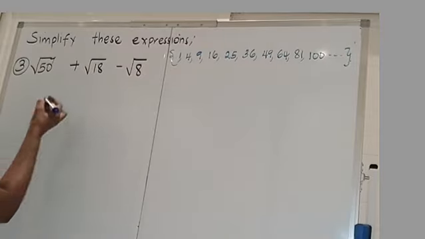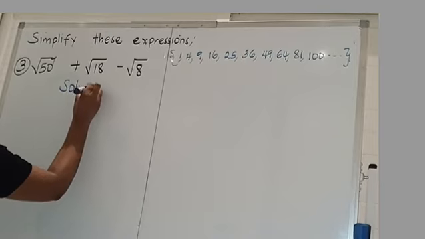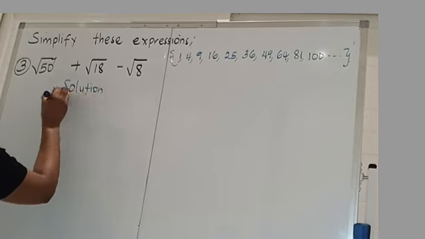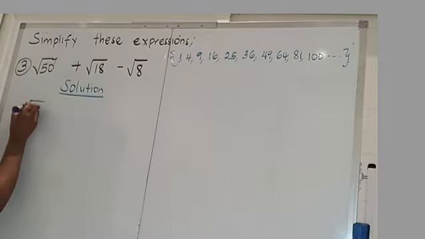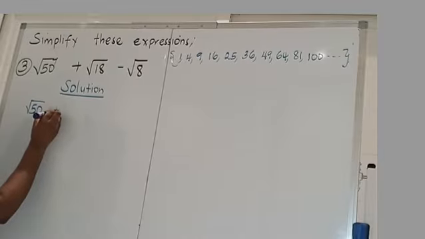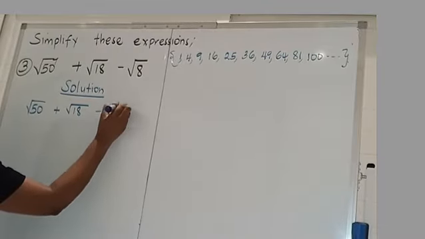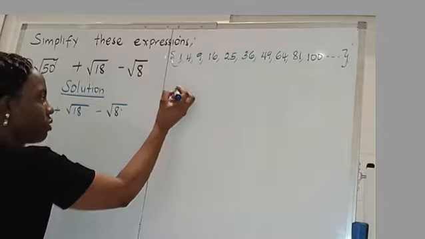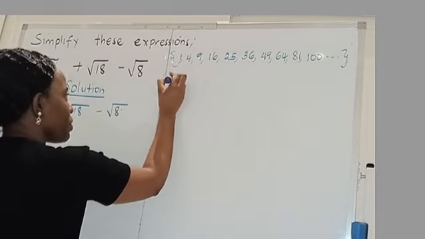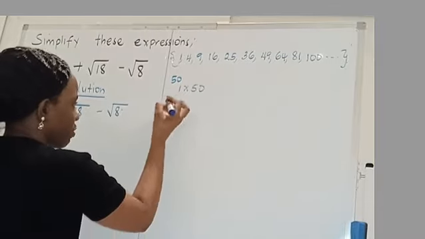So we have the third one. It is root 50 plus root 18 minus root 8. We start with 50. Factors of 50, we have 1 times 50, we get 50.